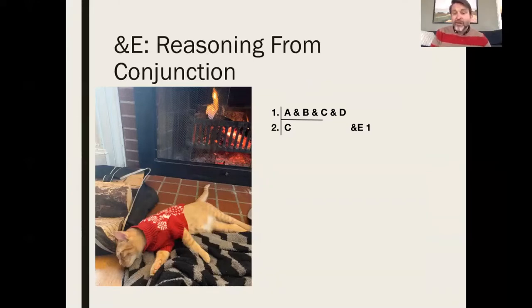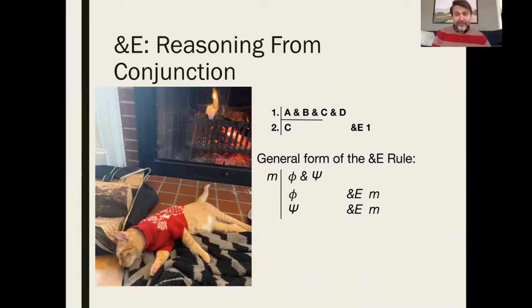Remember, a conjunctive statement is true if and only if all of the conjuncts are true. So if we know a conjunctive statement is true, then we can validly derive any of the conjuncts. If the conjunctive statement is true, then each of the conjuncts is guaranteed to be true.